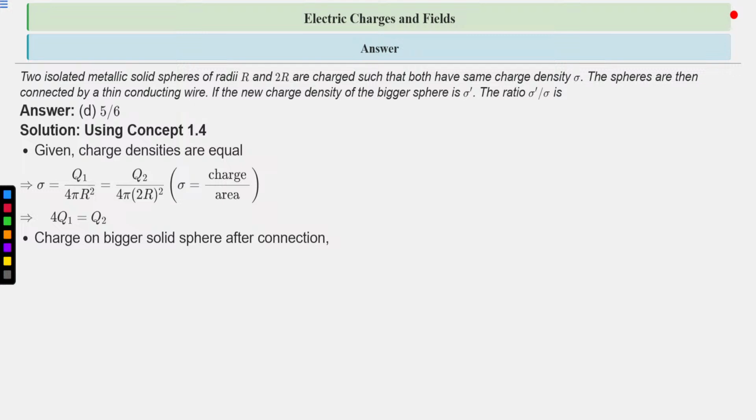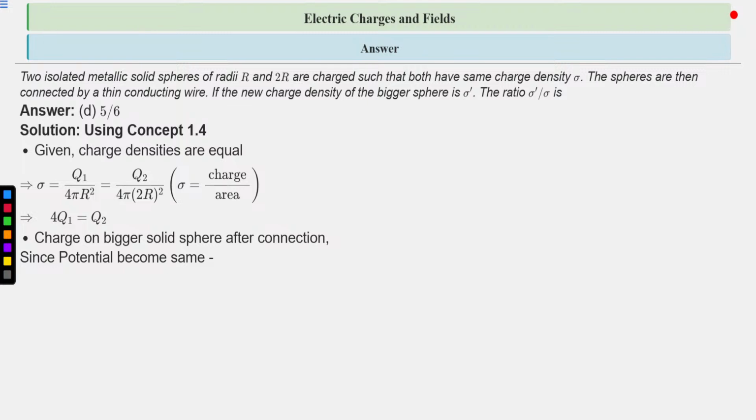Now, charge on bigger solid sphere after connection. We all know that when we connect two charged metallic solid spheres with a thin conducting wire, the potential on the surfaces of both the spheres becomes equal. So what is the charge after the connection on the bigger solid sphere? We will find.